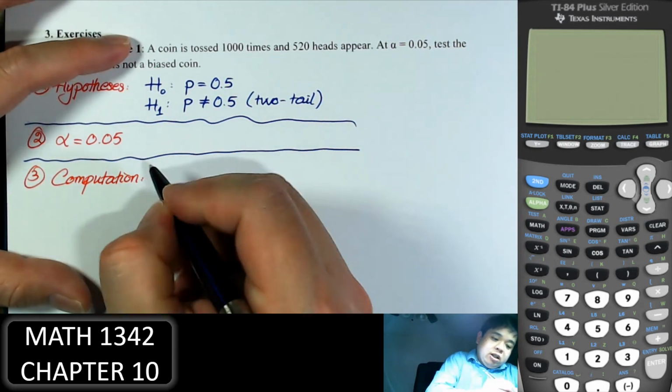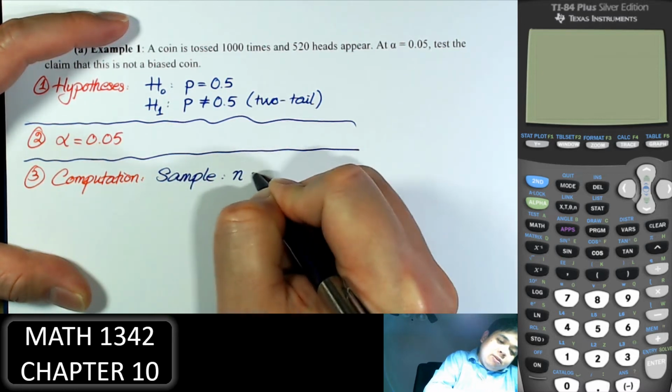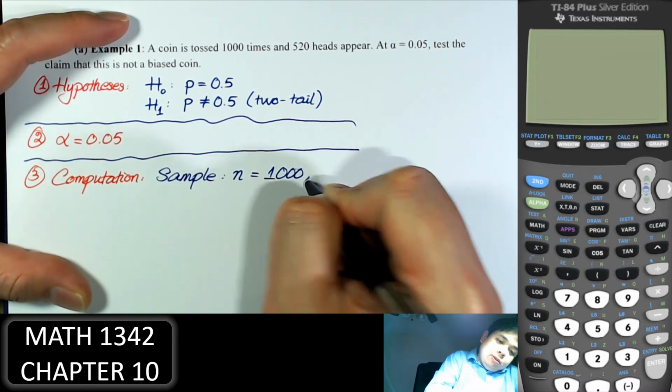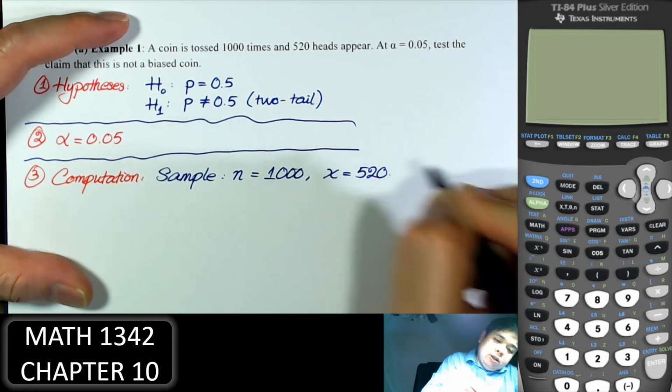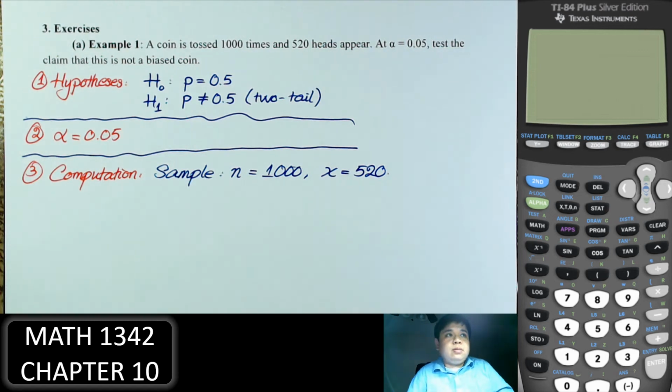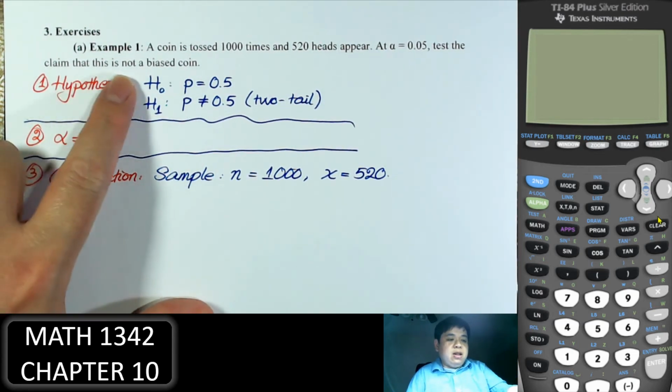So in this particular sample of 1,000 times, x is equal to 520. And at that much, test the claim that is a biased one.